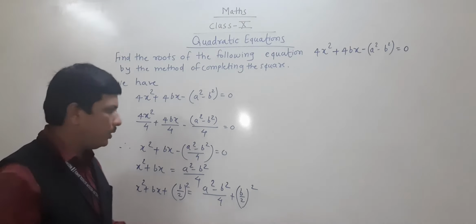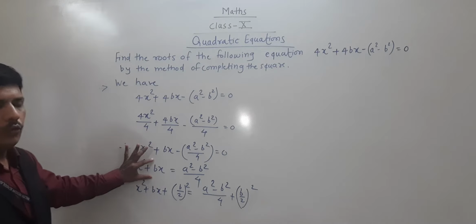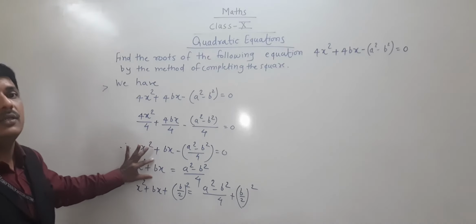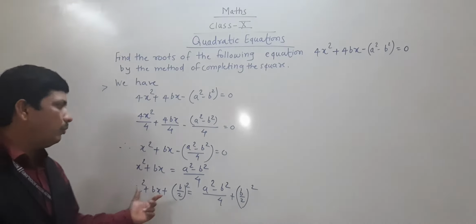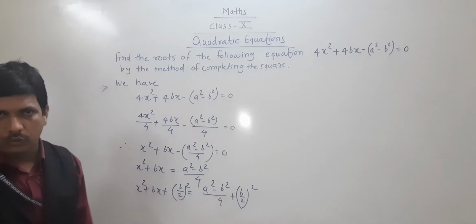Are you getting what we have done? We have taken half of the coefficient of x, taken the square of that, and added it in both LHS and RHS.